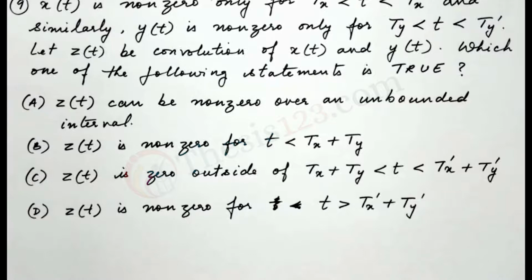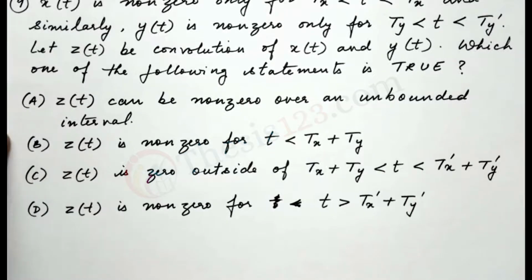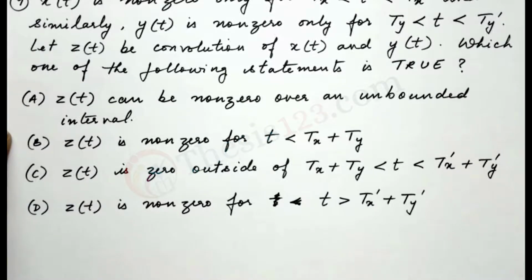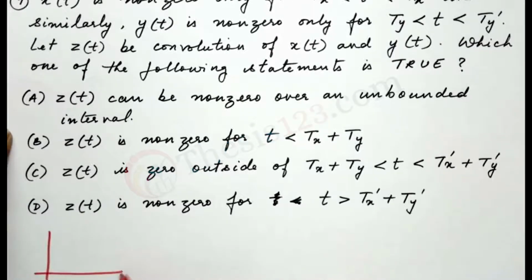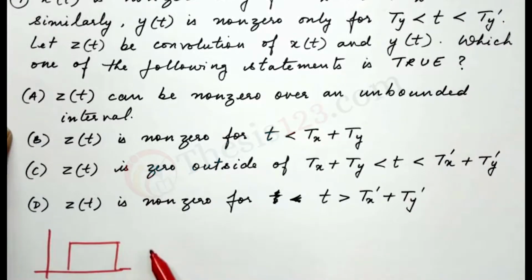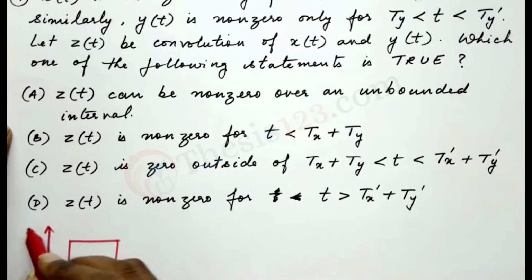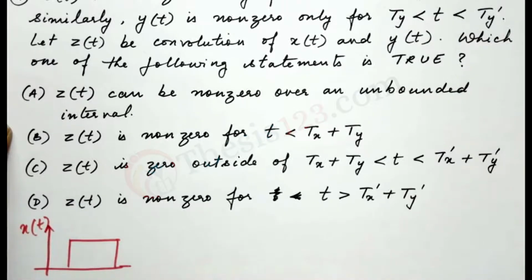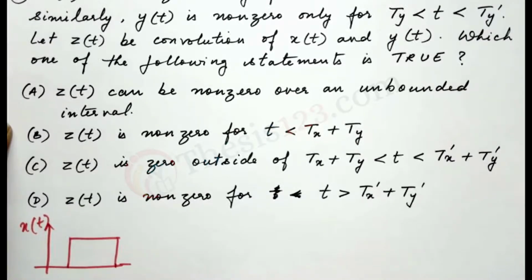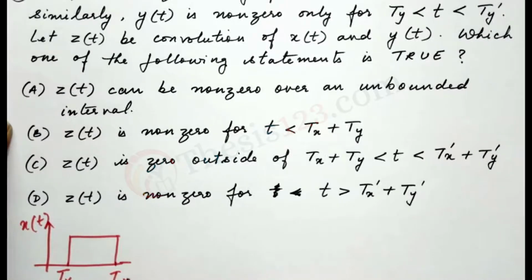So if we are to draw the upper bound and the lower bounds of the functions, let's start with x of t. So here we have x of t this way. We'll call this x of t here. And it is non-zero for tx and tx dash.